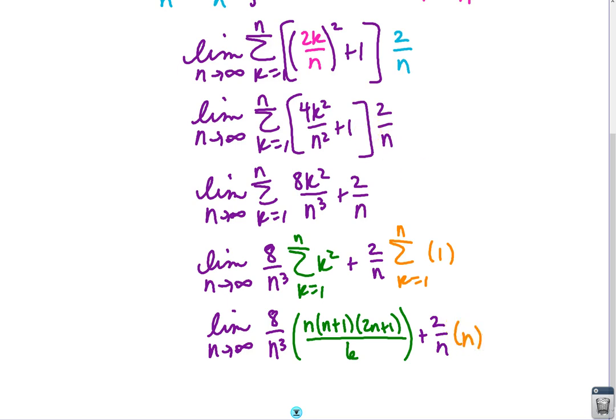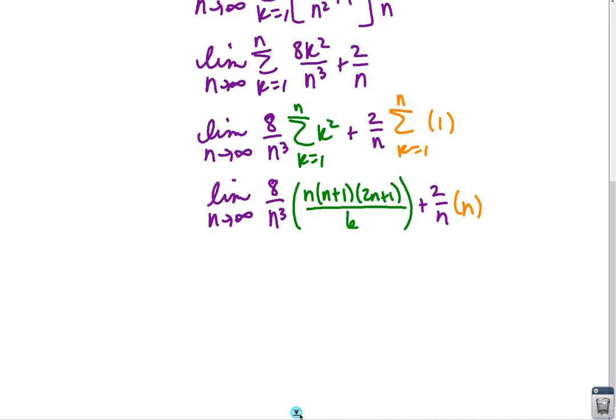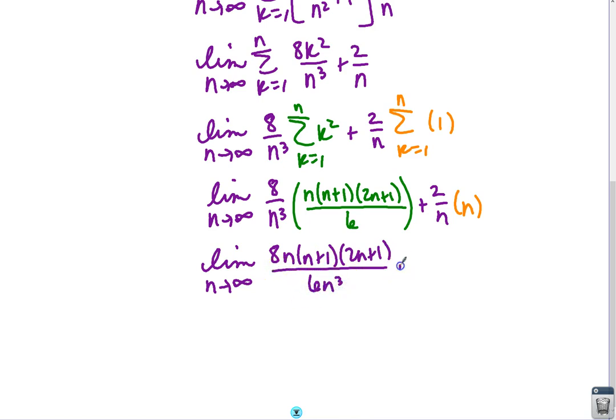Okay? So now we clean this up some more, because now we just have a basic limit problem. So 8 times n plus 1 times 2n plus 1 over 6n cubed, plus 2.